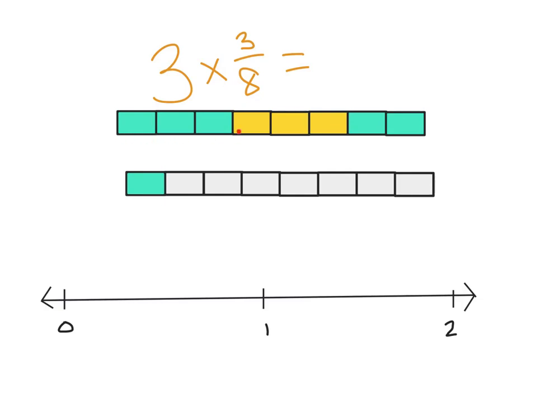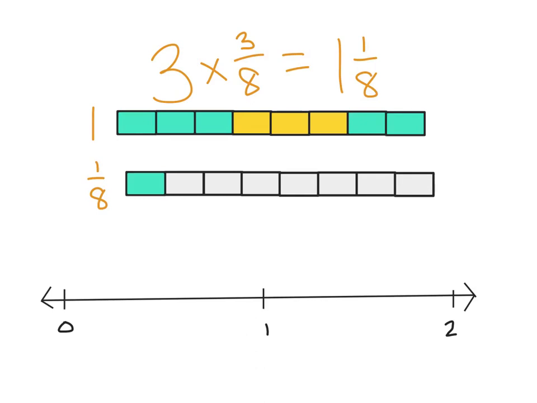Here's my first group of 3/8, here's my second group of 3/8, and here's my third group of 3/8. So altogether I have one whole and one extra eighth. So 3 groups of 3/8, 3 times 3/8, is 1 and 1/8, and we showed that in our model.